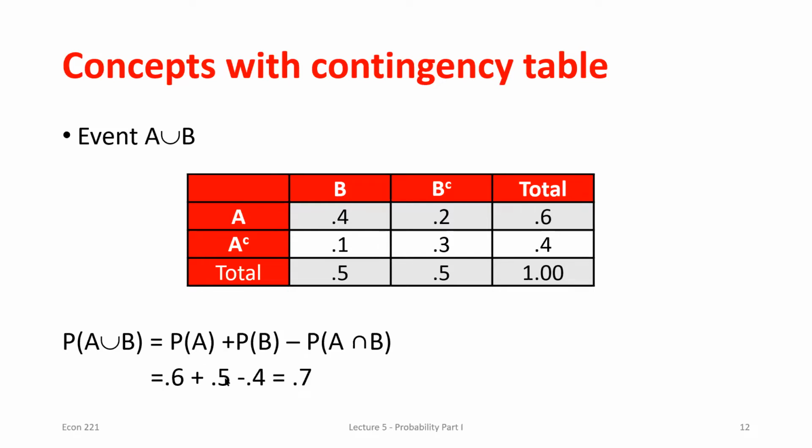So 0.6 plus 0.5 minus 0.4, I would have gotten 0.7, which sure enough, if I made that little L here, 0.4 plus 0.2 plus 0.1, that was 0.7 as well. So either way would get us to the same answer. I personally think this is probably the easiest way to do it. Okay.